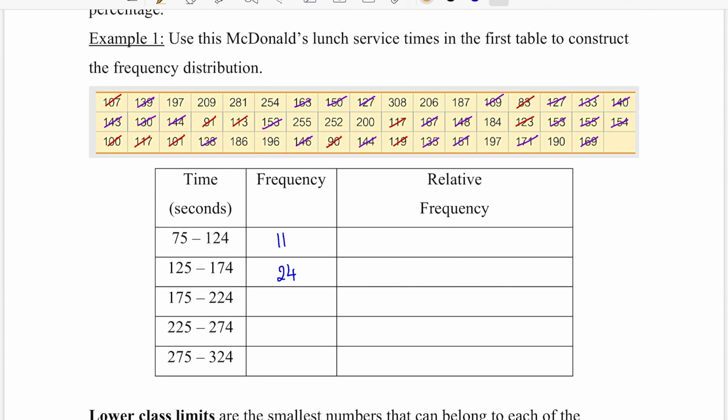The third class is from 175 to 224. The count is 10.